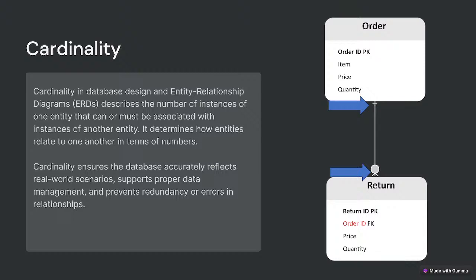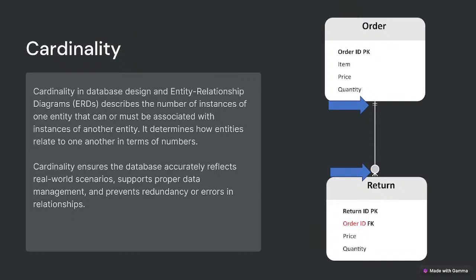So, if I order, let me say I order an iPhone, the order ID for that is order ID 1, right? And I want to return the iPhone.